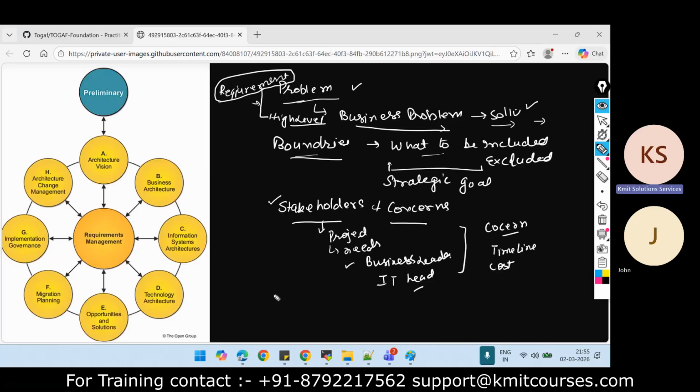The fourth one is you need to create an architecture vision. Vision is nothing but a summary answer to the problem and values. So the architecture vision should answer what is to be developed and why.